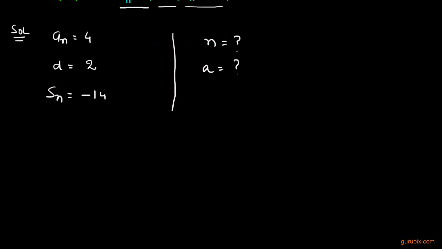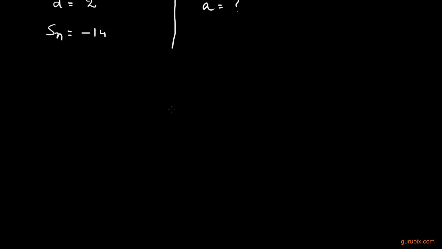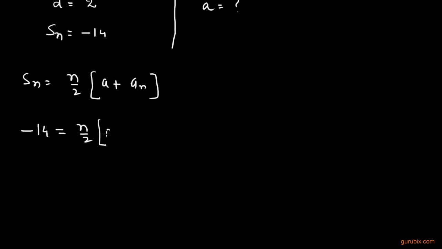So first we shall use the formula of sum, that is Sn equals n over 2 times first term plus last term. We are given Sn equals minus 14, the value of a is not given, and we have an equals 4.